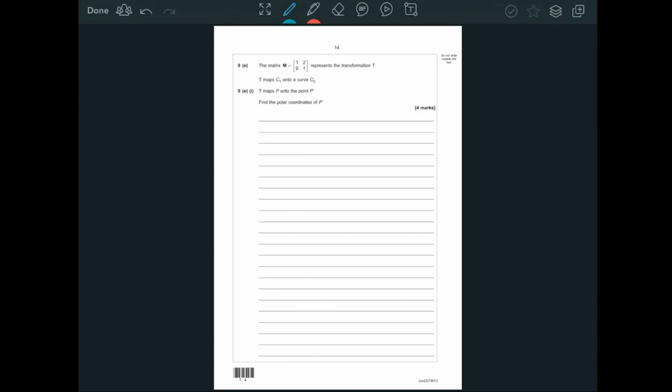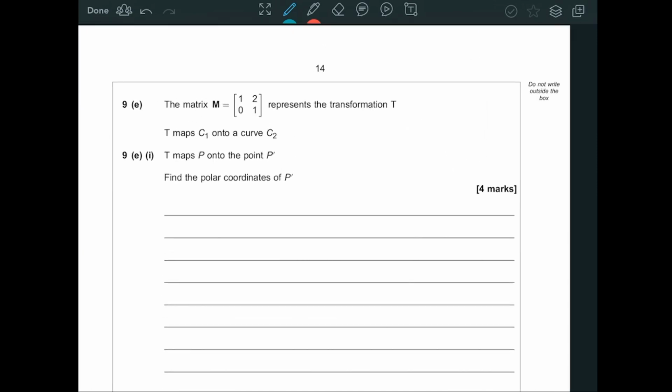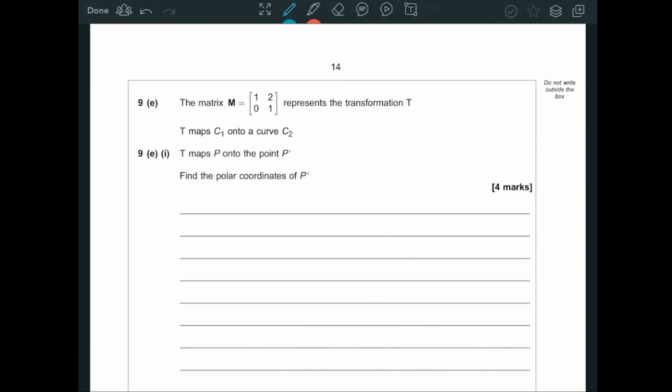The matrix represents a transformation T. T maps a curve onto a new curve, and T maps P onto the point P dash. So we have the coordinate in polar coordinates, 9 comma pi by 4 in polar. Now, matrices only act on Cartesian coordinates.